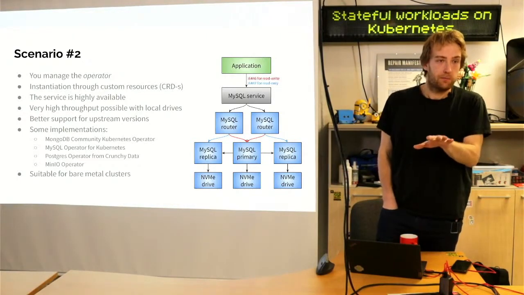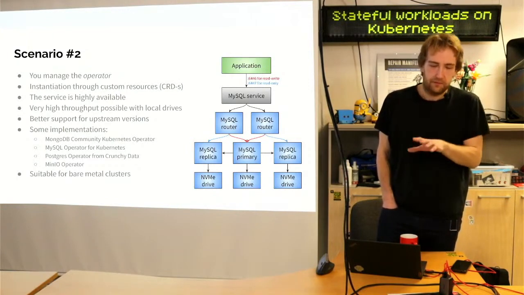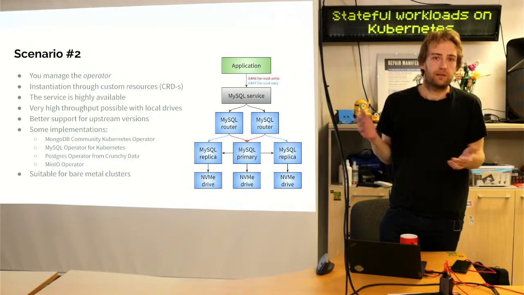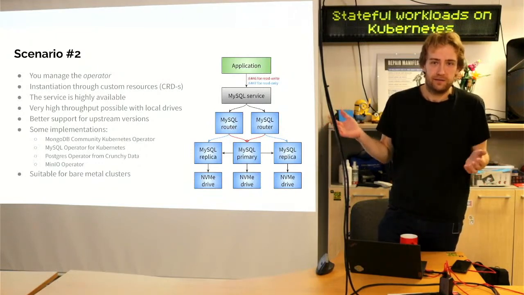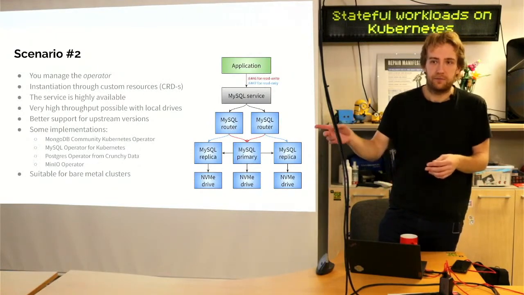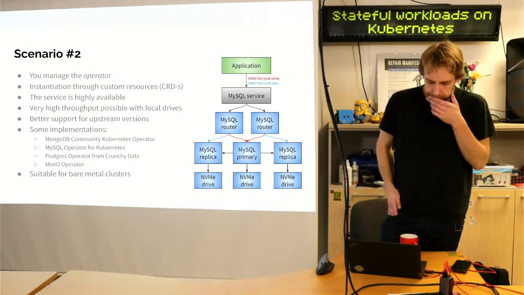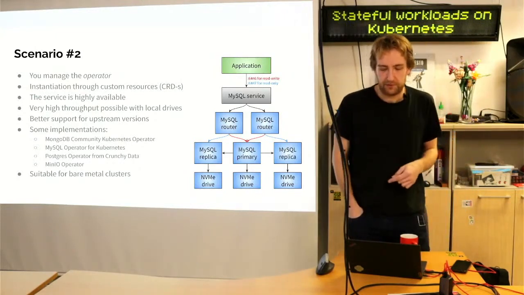You're not managing just single pods or deployments anymore. You have a high-level interface to the operator, where you just tell it that you need a 3-replica MySQL cluster, and then the operator takes care of figuring out where to place them, and it sets up a bunch of other things as well. This is called instantiation through custom resources. I'm going to show the custom resources later as well.